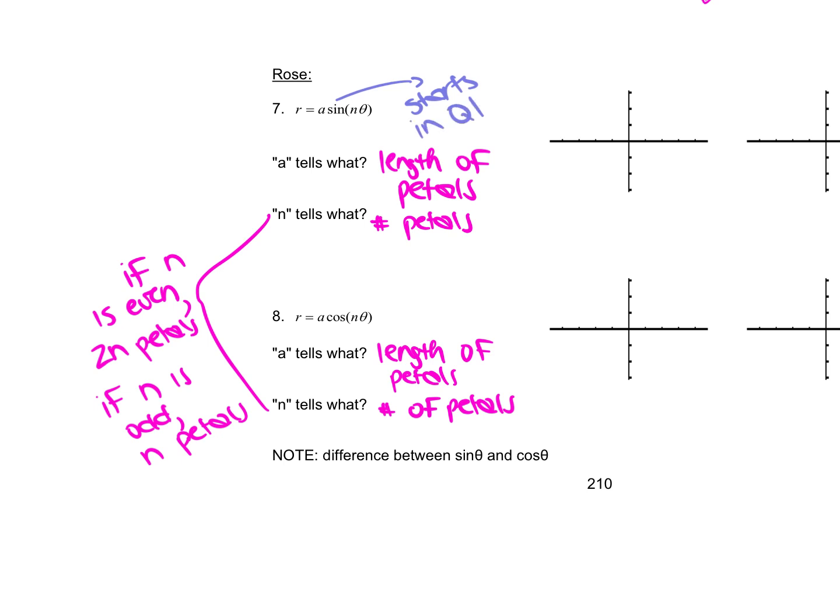Okay, and I'll explain what that means in a minute. If it is a rose curve with a cosine, it starts on the x-axis. Okay. Tangent? No. We do not see tangent polar curves.